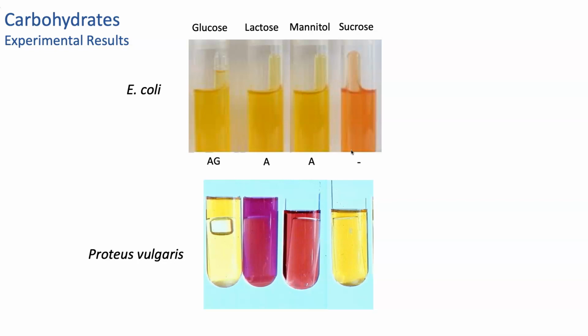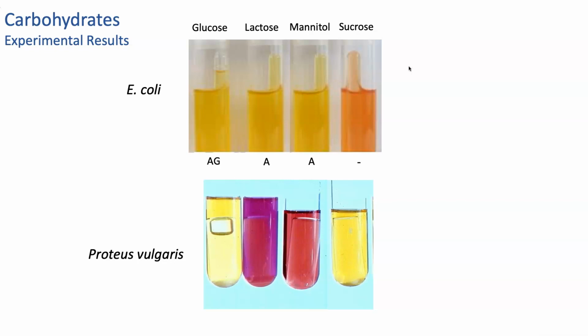And what you'll notice is that it has a V for variable. Oh, geez, well, that kind of is confusing. Yes, it can be a little bit confusing. That means that sometimes some strains of E. coli are positive for sucrose fermentation and sometimes they're negative. Okay, so that's what V means. And some of you will have some of that as your experimental results. That can be a little frustrating, but results are results.